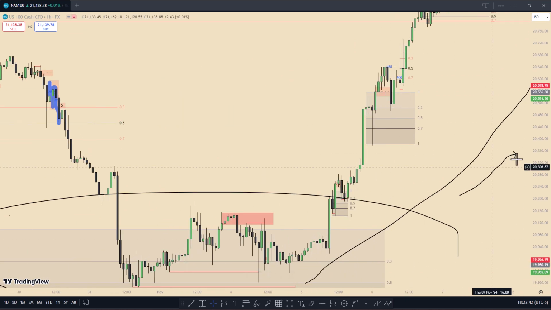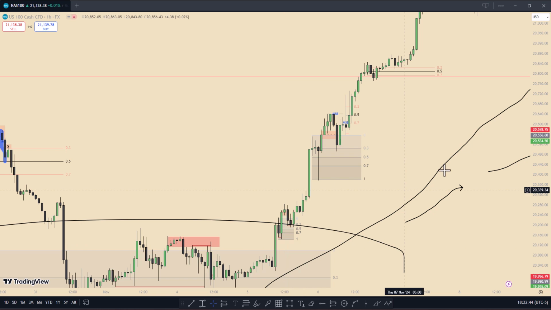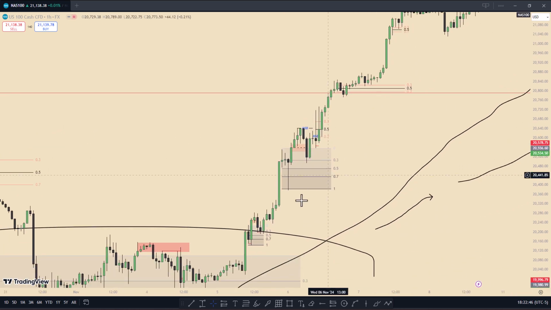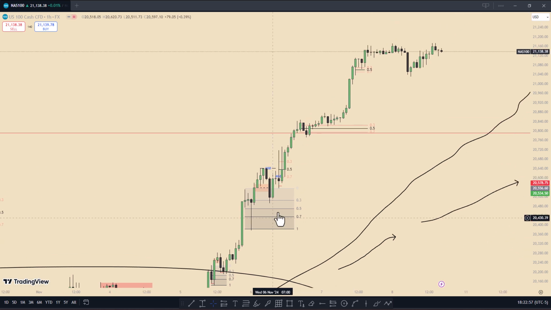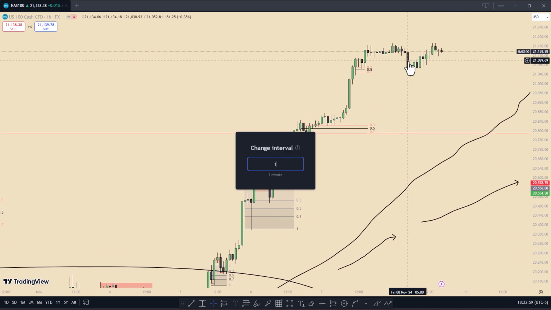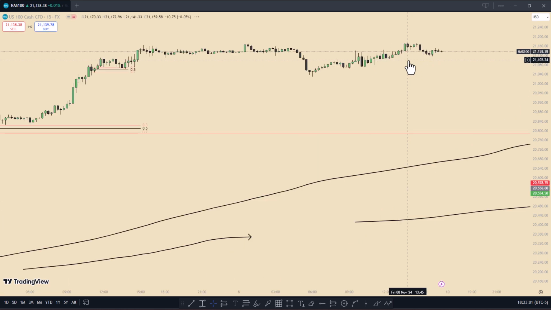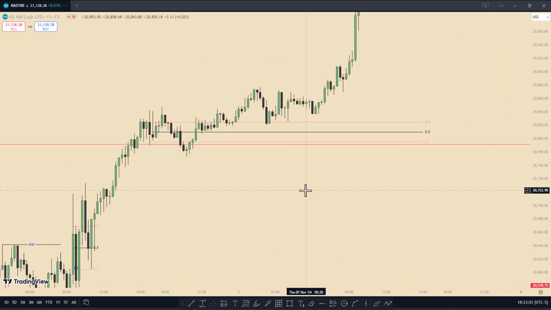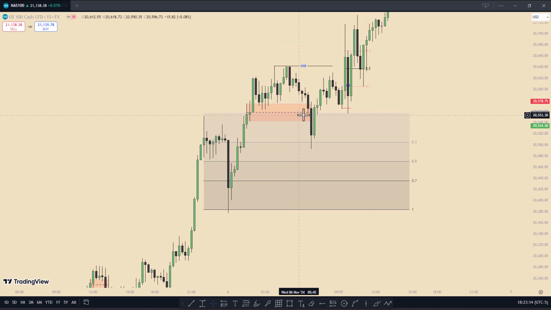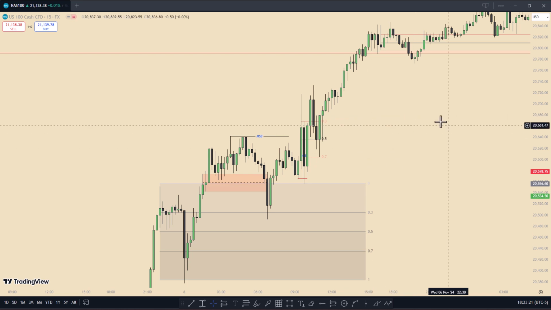So now we have more data to work with. Okay, this expansion leg, it looks like it has pullbacks, right? What happened here? I don't want to give you any ideas. I don't want to influence your process. Again, studying these, and then keep going to the lower time frames. Don't stop, okay? And doing the same thing, screenshotting and writing down observations on the screenshot itself.